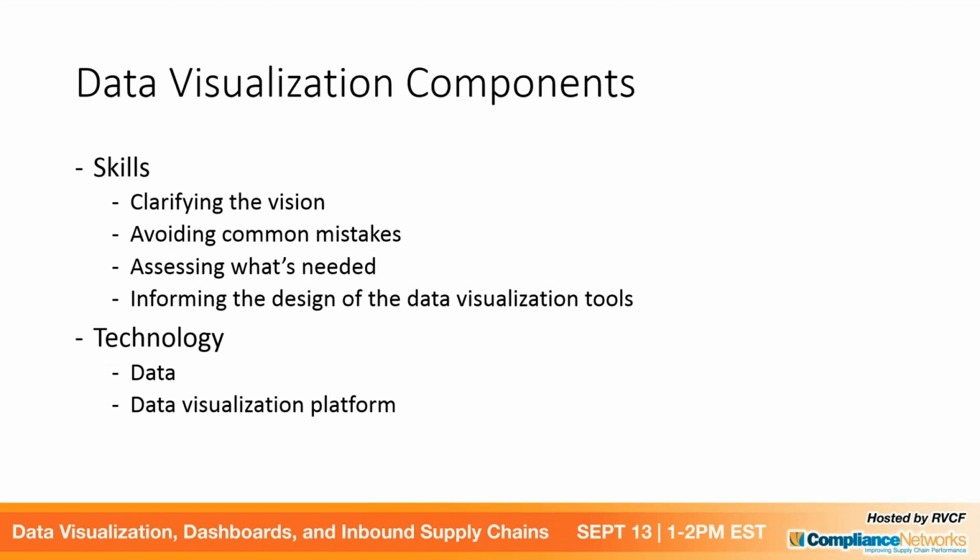In terms of technology, the first important thing is to have very, very high quality data that's complete and accurate and timely, and then to have a platform that encourages the user to take advantage of the data and can provide all the different nuances of effective data visualization that you need to have a competent tool.